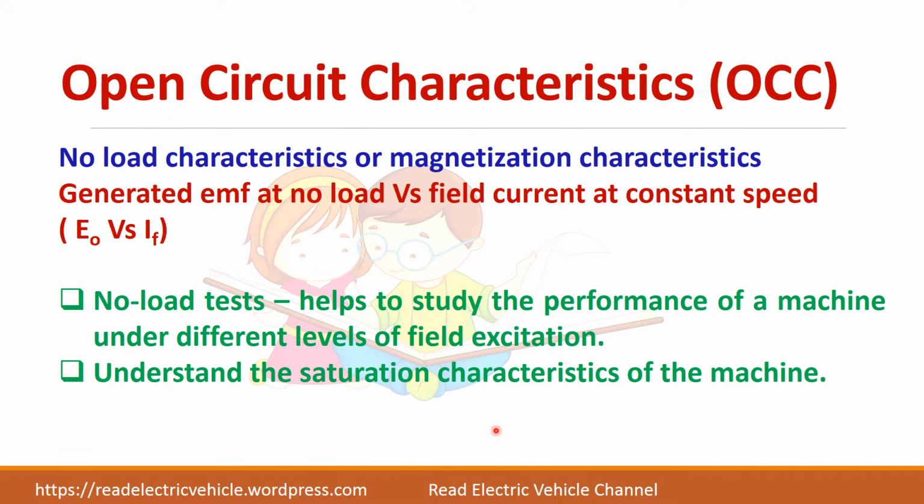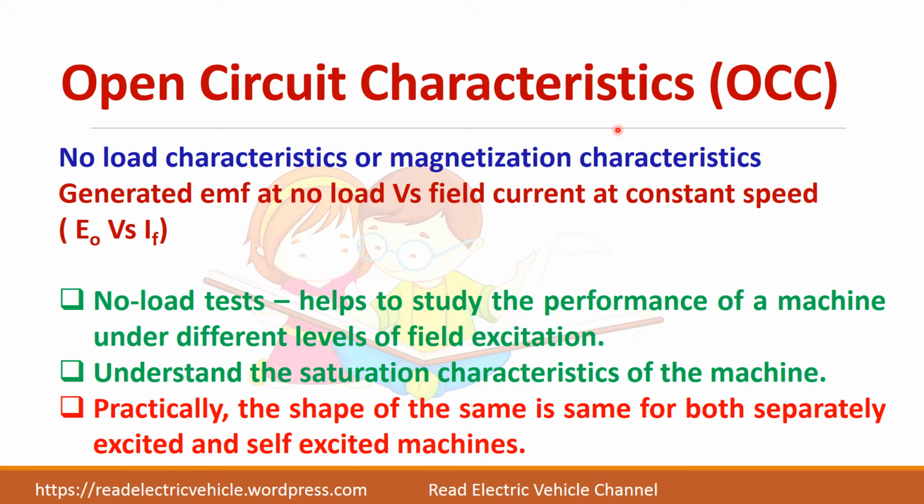It means whether, if you give the field current beyond a limit, the poles will get saturated or not, because you cannot run the machine at any speed, or you should know the range of speed at which you can work with the machine. For that, this saturation characteristics of the machine will help, because beyond a field excitation, the poles may get saturated.